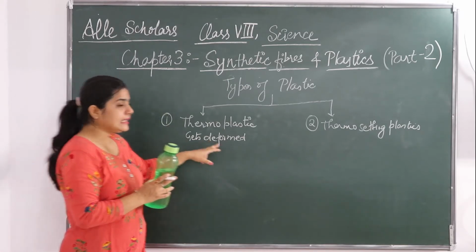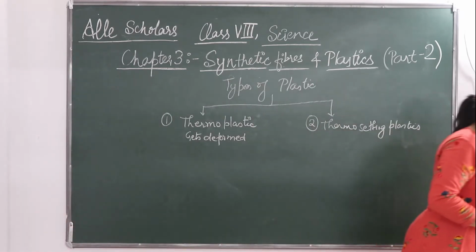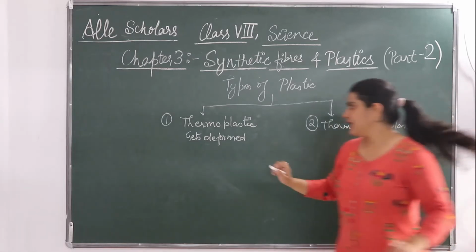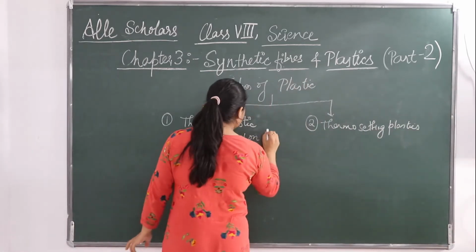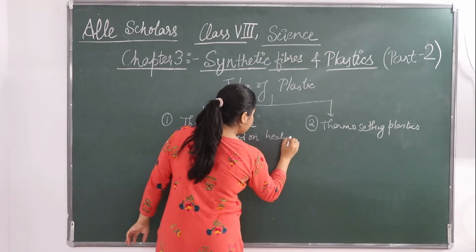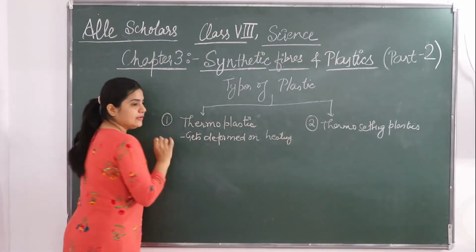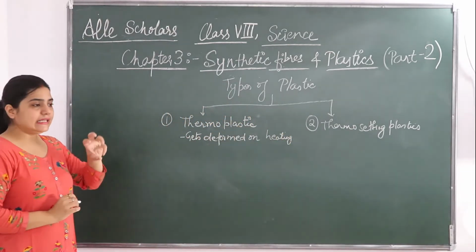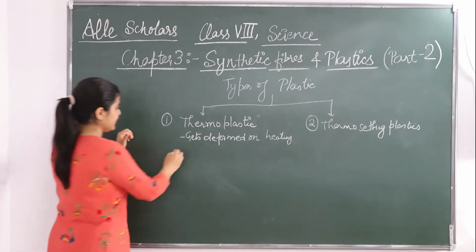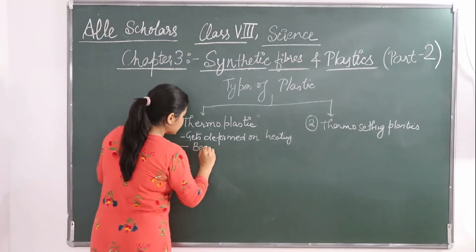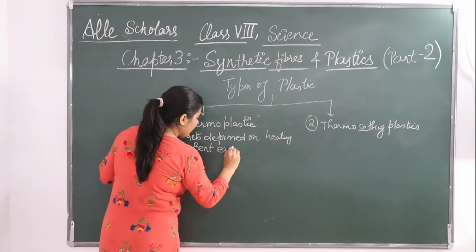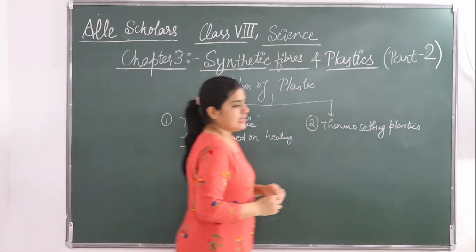So it gets deformed on heating. ऐसे deform नहीं होगा on heating. Okay? Deform हो गई on heating and can be bent easily. और इसको आप bend कर सकते हो easily. Okay? Bend easily.